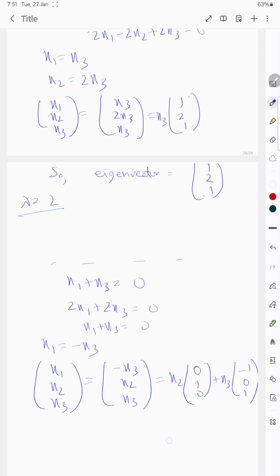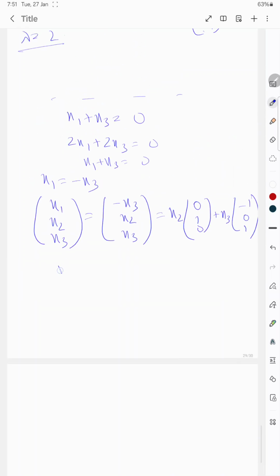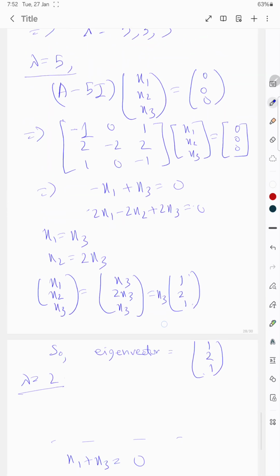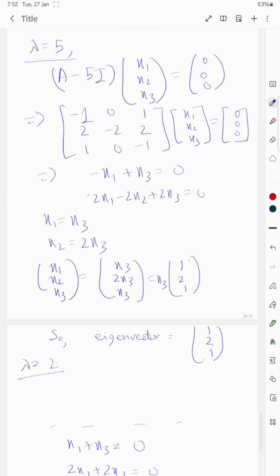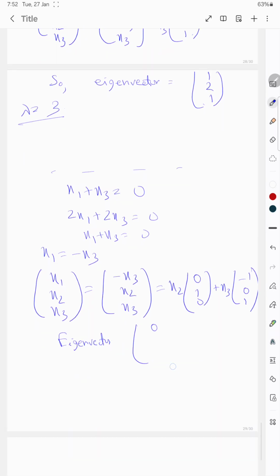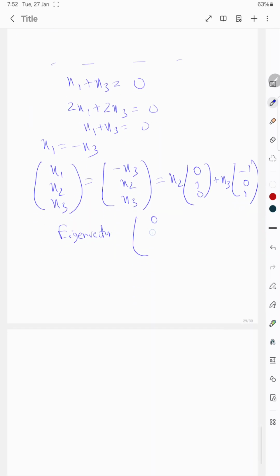So these are the two eigenvectors. Because you have two eigenvalues, this is sorry, this is 3 actually. This 3 is occurring 2 times, right? So that's why you have 2 eigenvectors. Fine. Okay, this is done.